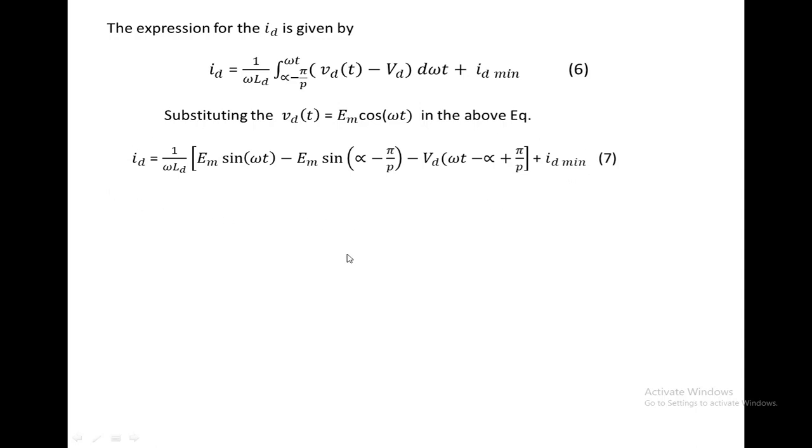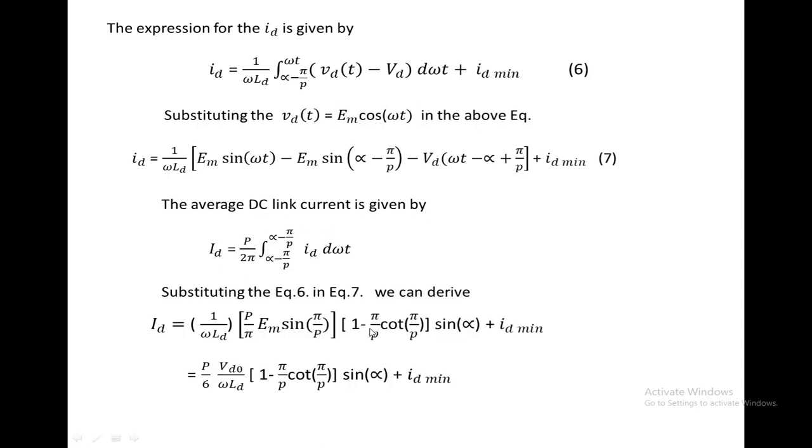But we know the average value of the DC current. Id equal to P by 2 pi integral from alpha minus pi by P to alpha plus pi by P of Id of t into dt. In place of Id of t, you take this expression and complete this integration.